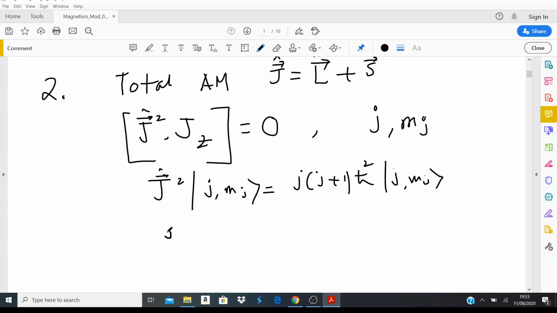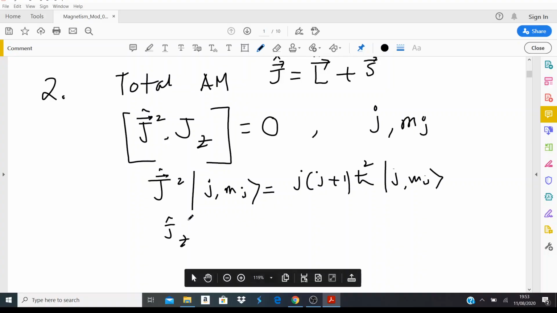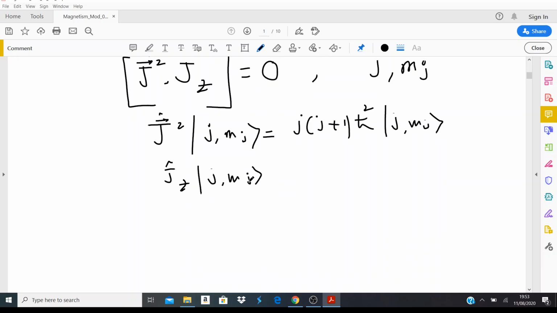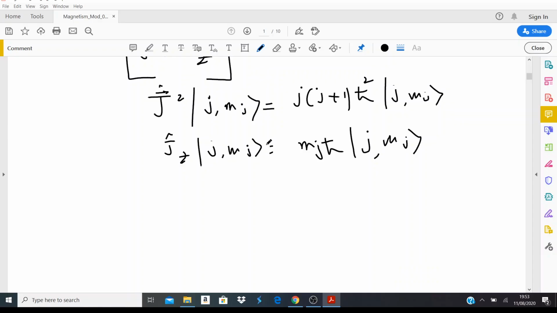And the Jz component operator, when it acts on a state with j and mj, will bring out the quantum number mj. So it should be mj times h bar times the state |j, mj>, right? So these are the things we have discussed in the last few lectures.